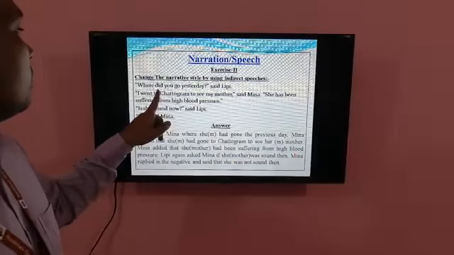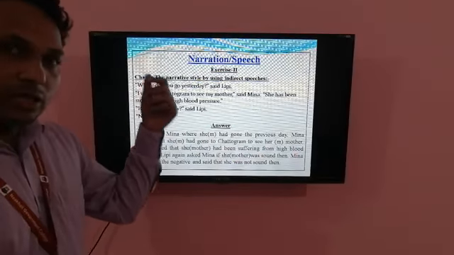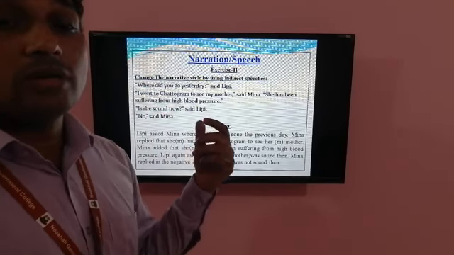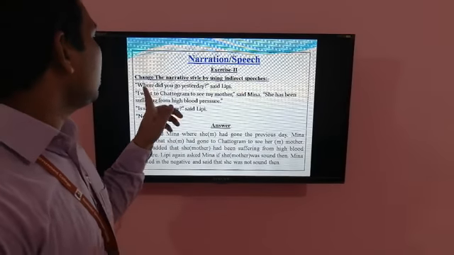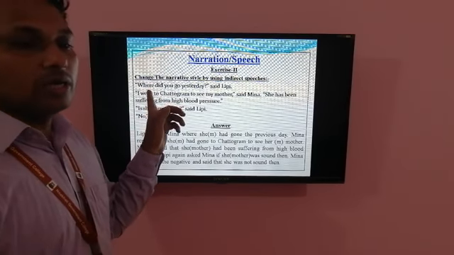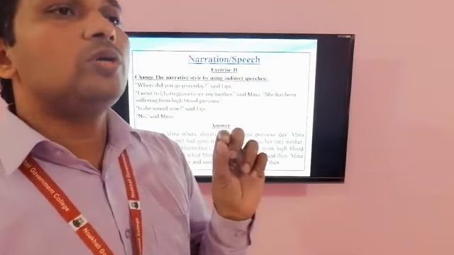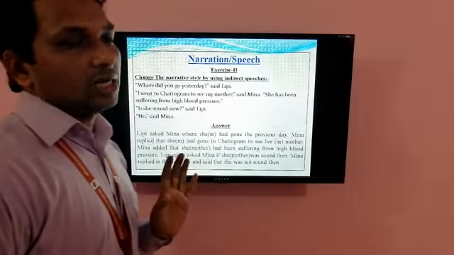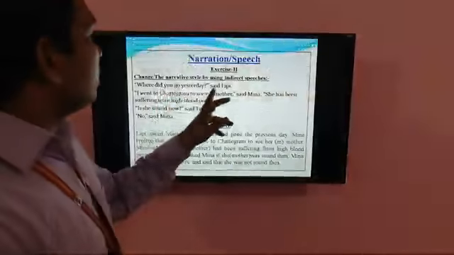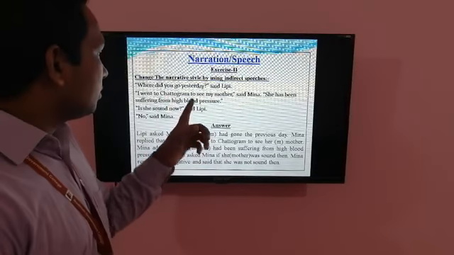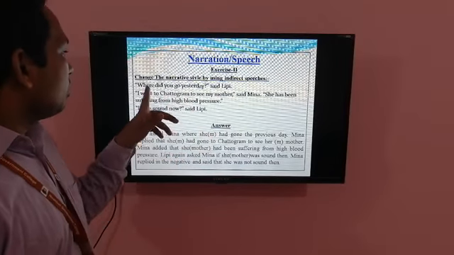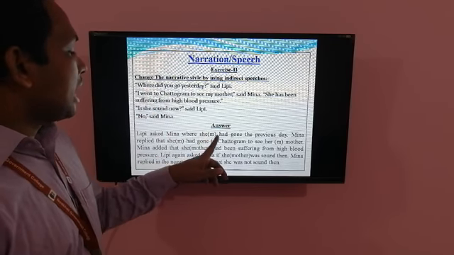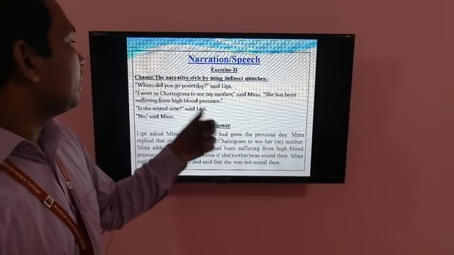Alright, so look at this question. Previously, in the previous exercise, we found that the question was made with an auxiliary verb, but this time the question is made with a WH word. And we know that in case of a WH word, we need not change it. It will remain unchanged. So, Lipi asked Meena where she had gone the previous day.